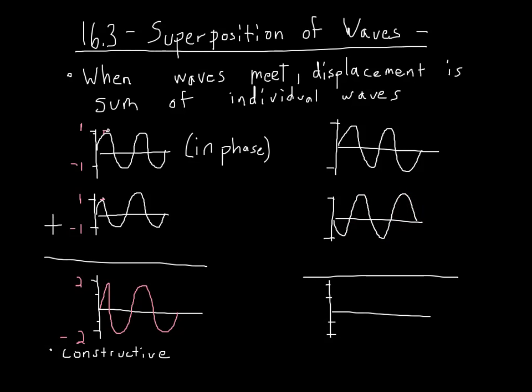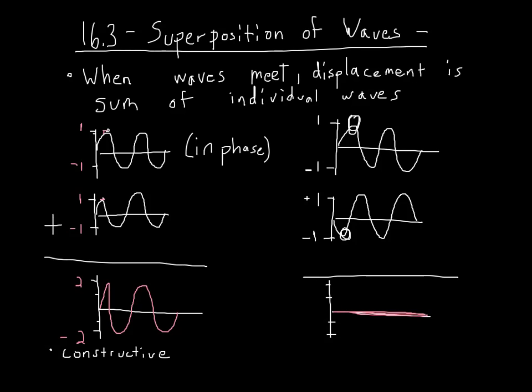So we have our maximum of positive 1, our low point of negative 1. Same thing with our second wave. But when our first wave reaches our amplitude of 0, our second wave is at an amplitude of negative 1. So we add those two together, and 1 plus negative 1 cancels each other out. So these two waves are going to cancel out and give us 0.